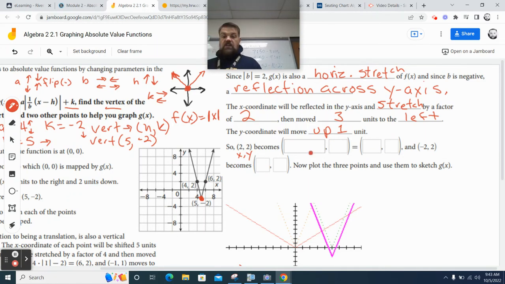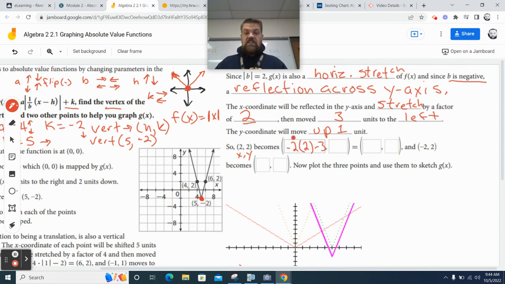So to get this value, I'm going to say negative 2 times 2, right, minus 3. So this is the b, the x value minus 3. So what we're doing is we're addressing that b is negative and it's a unit of 2.